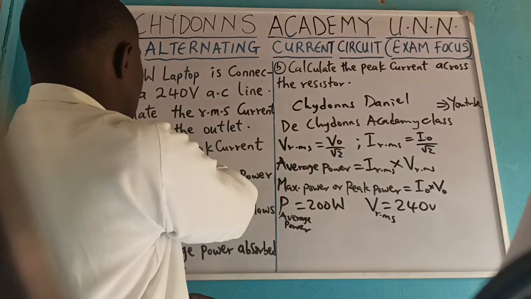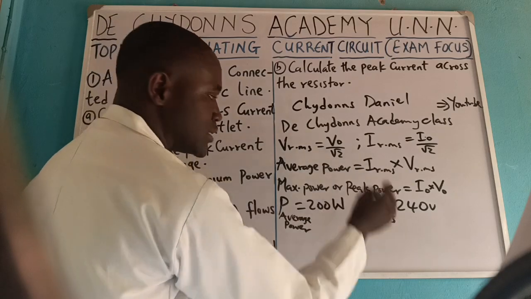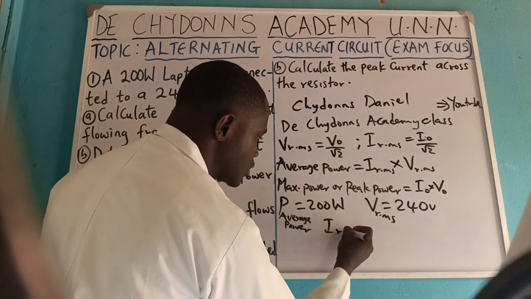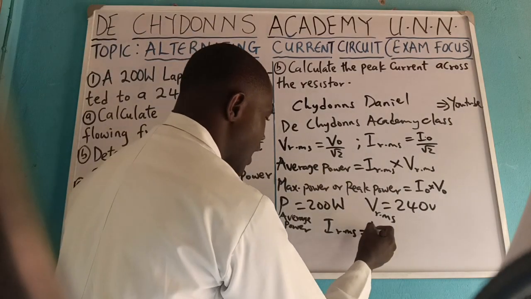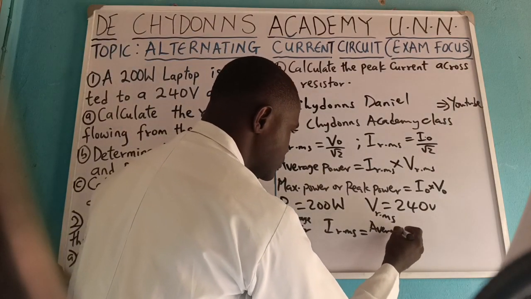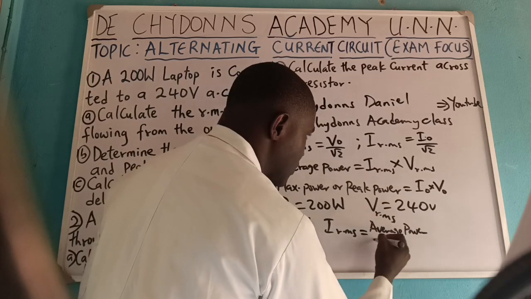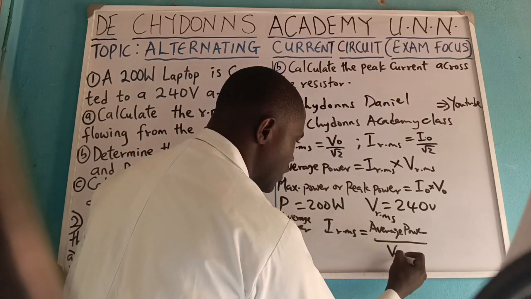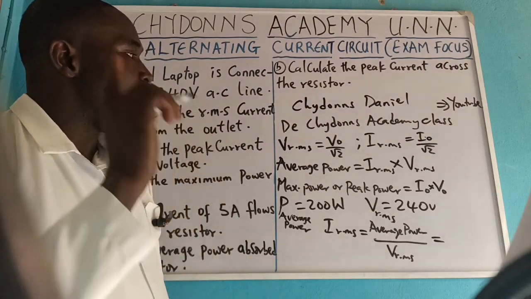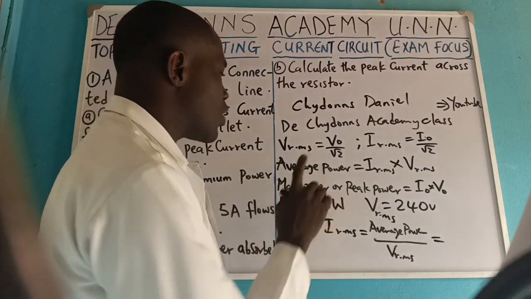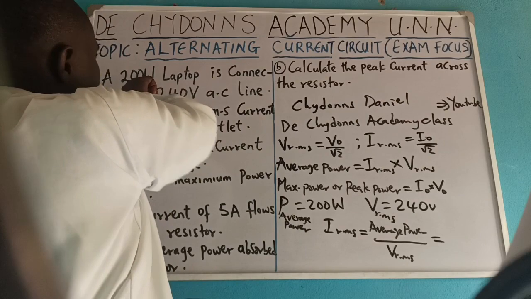That means the root mean square current will be equal to average power divided by root mean square voltage. And what is your average power? They gave it to you to be 200.